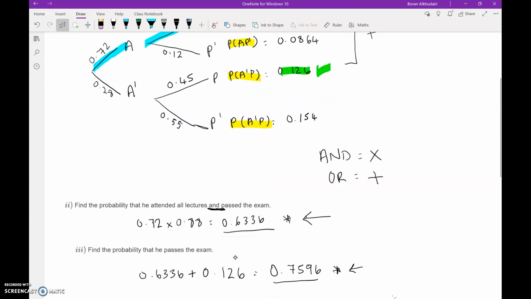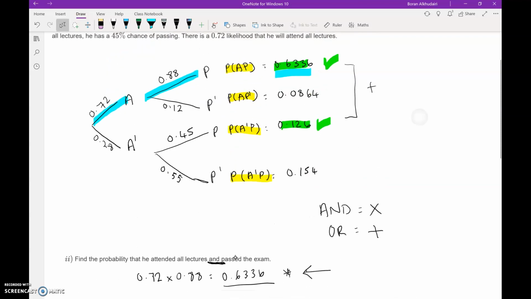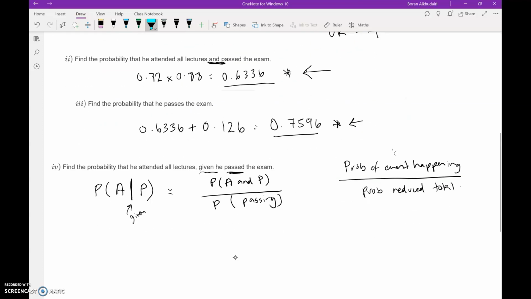And then we want the probability that he passes, which is, again, this probability, and we add them together. Oftentimes, when you're asked for a conditional or a given, the reduced sample space is going to be two probabilities added together. Okay, so let's do that.